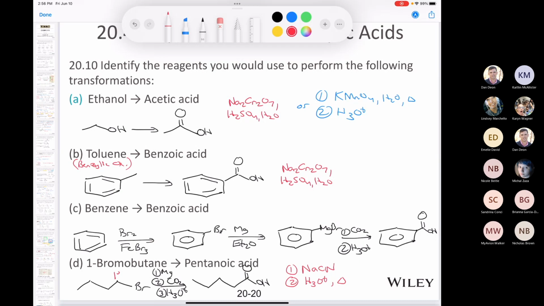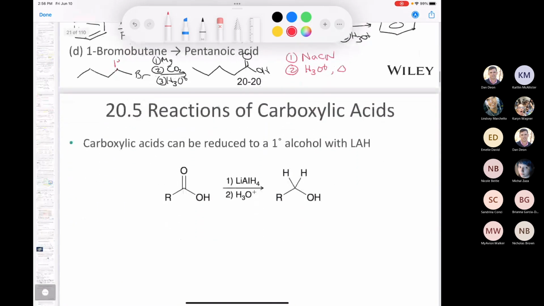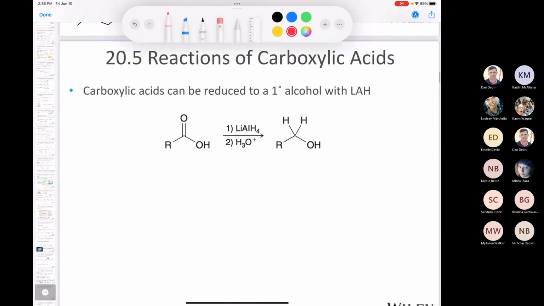Well, with all that in mind, let's move on and talk about reactions of carboxylic acids. And I'm going to teach you, I think, 2 new reactions before we get into talking about carboxylic acid derivatives. So 2 new reactions. We've covered a few new reactions today. I guess the Grignard synthesis of a carboxylic acid is new.